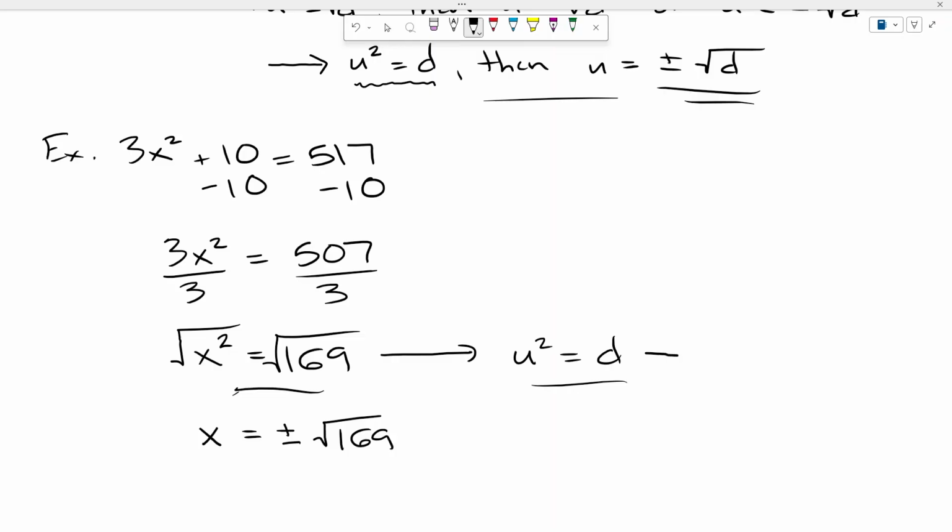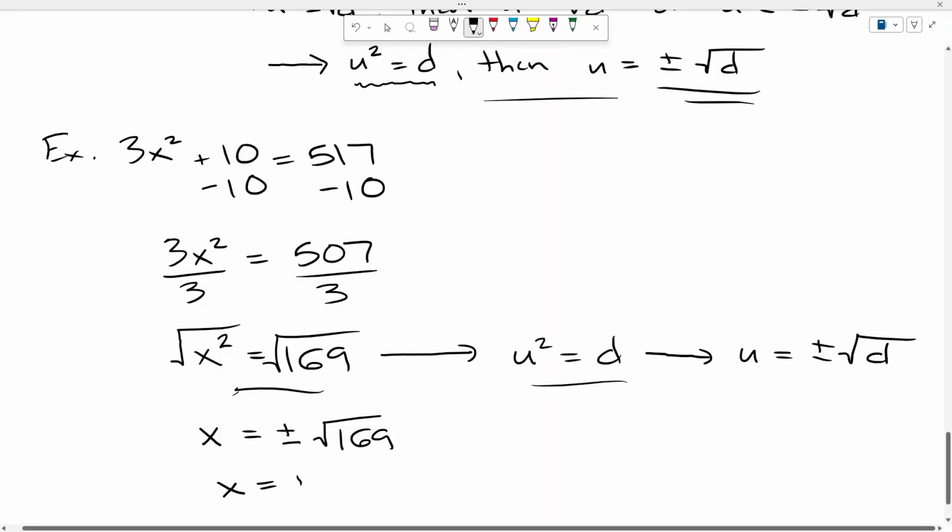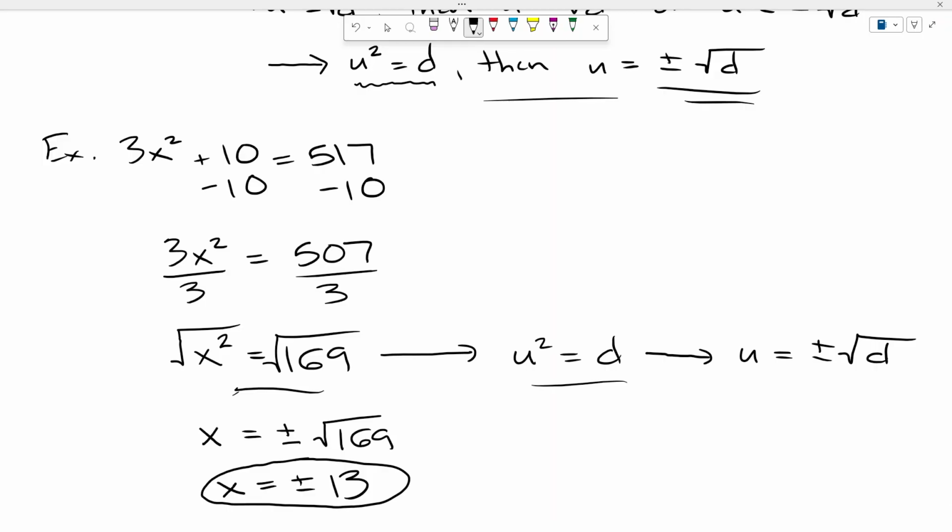We solved it down to that form, and then we applied it. And in this case, 169 comes out to a nice clean number. So when you take the square root of 169, that's just equal to 13. Okay? So we have x equals plus or minus 13. So we have two solutions for this equation.